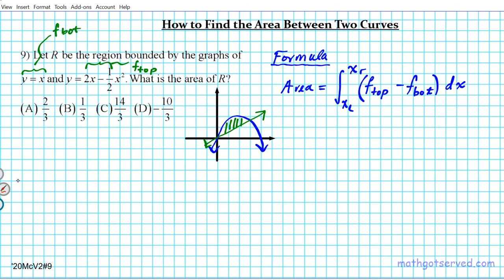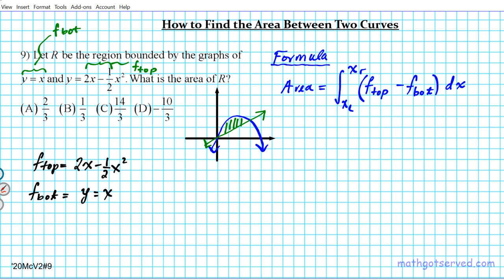Okay, let's go ahead and write that down. So the top function, f top, is the quadratic that's upside down, and the bottom function is the linear function, which is y equals x.